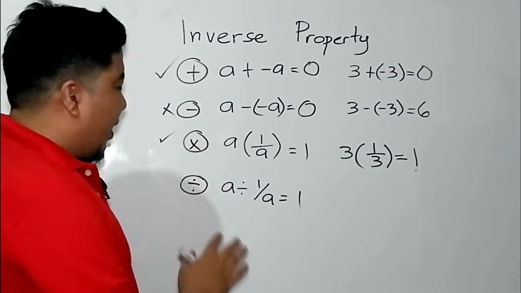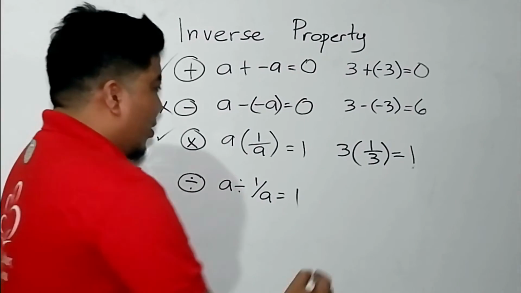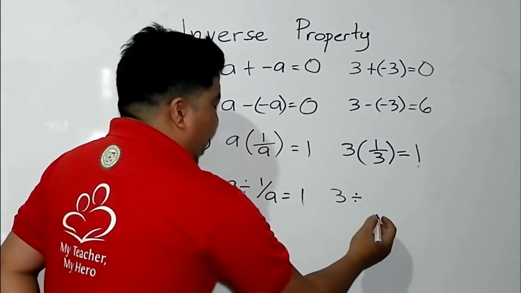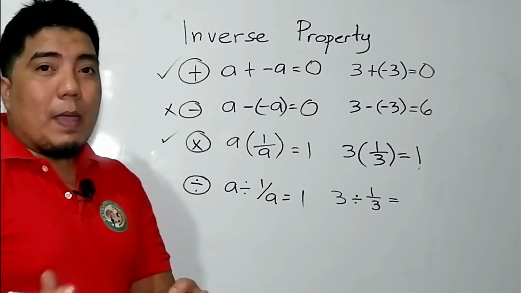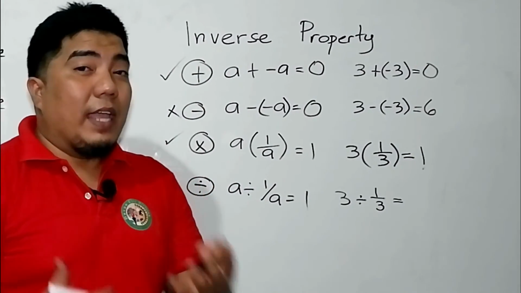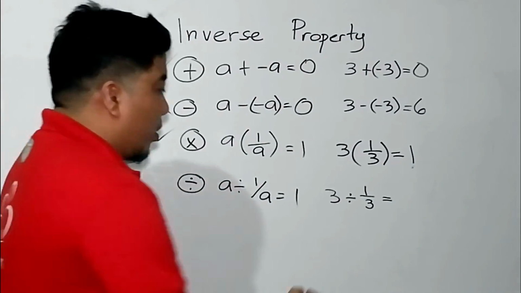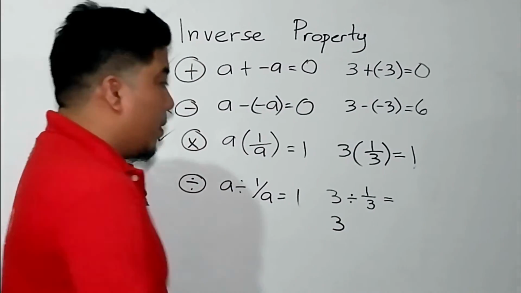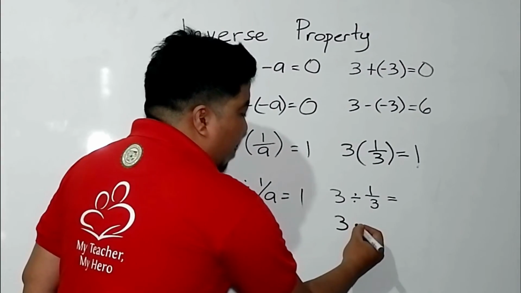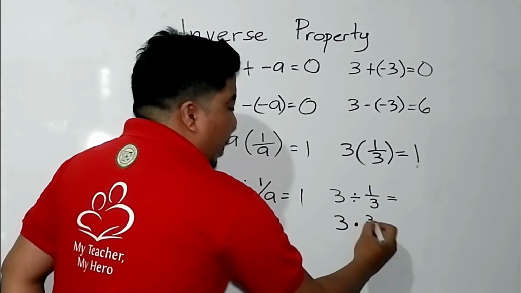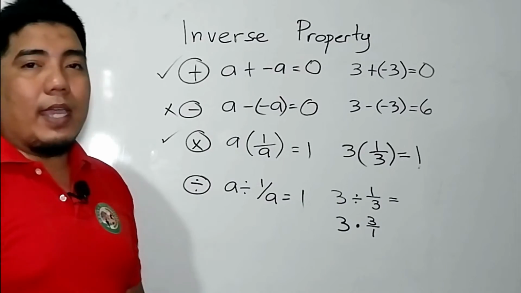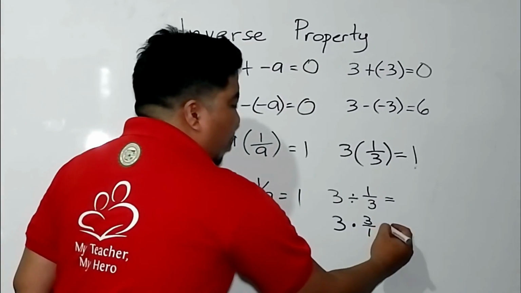And finally, we have here division. So we have 3 divided by 1 over 3. The answer is, so remember, in the process of dividing fractions, our dividend will stay the same. However, our divide sign will become multiplication, and our divisor will be taken its reciprocal and proceed to multiplication.